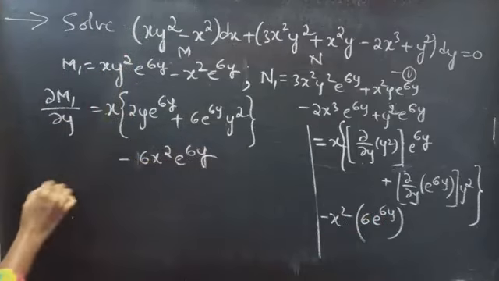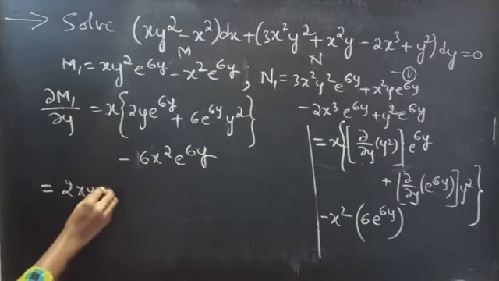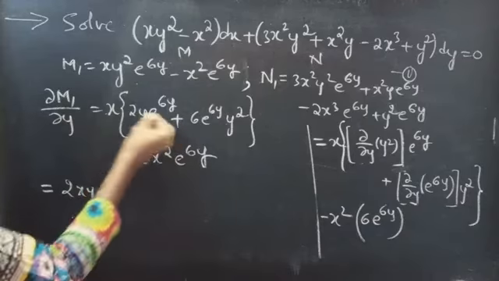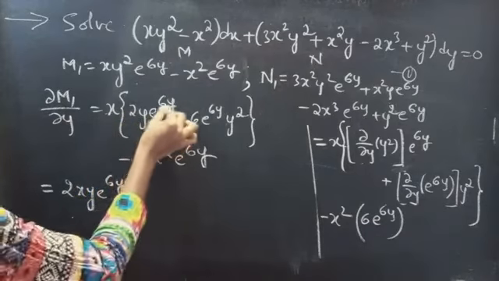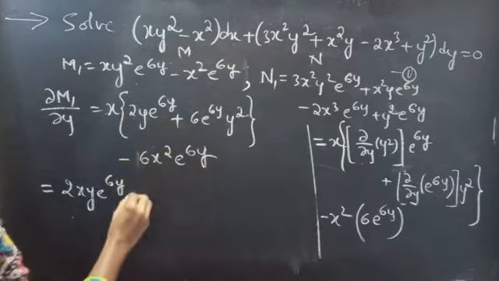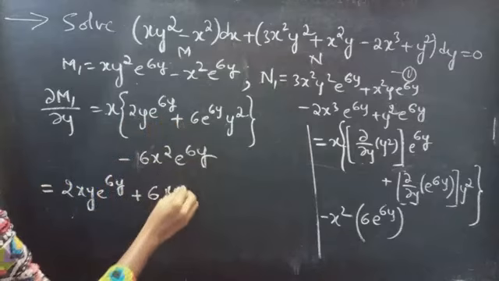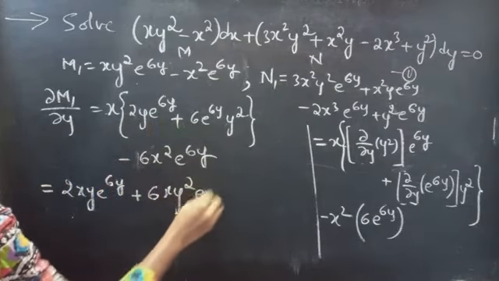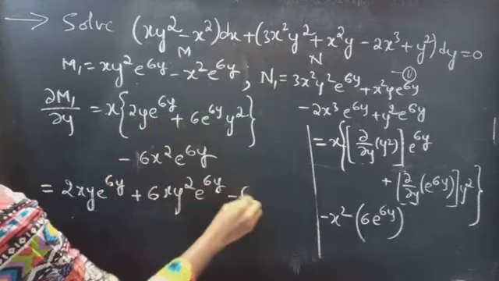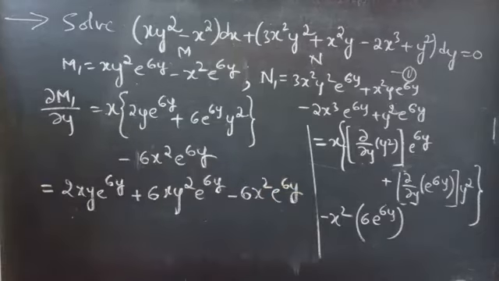which is equal to 2xy e power 6y, x into 2y e power 6y is 2xy e power 6y, plus 6xy square into e power 6y, minus 6 into x square e power 6y.